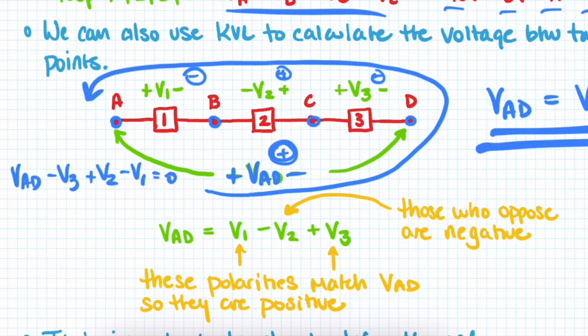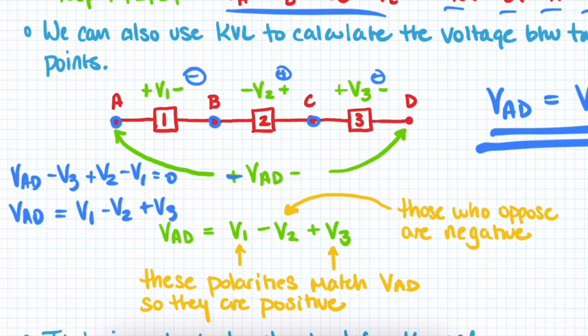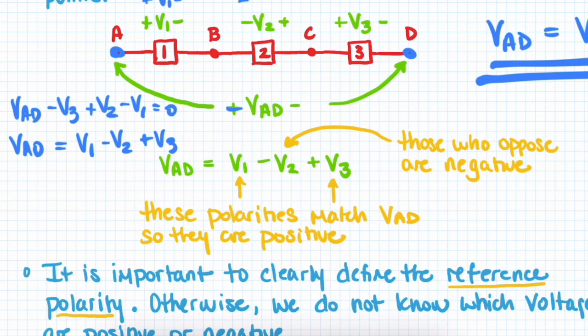Another way to write that is VAD equals V1 minus V2 plus V3, which is essentially what you get if you simply added up the voltages here with the assumption that we're looking at the voltage differential between A and D. And so here we can see this version of the equation and this version of the equation match.